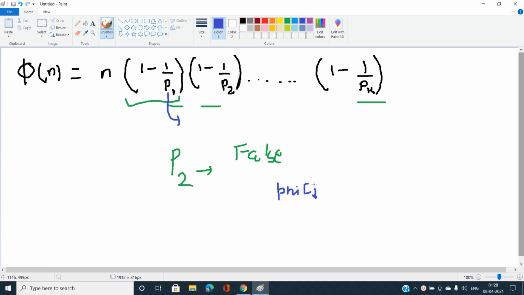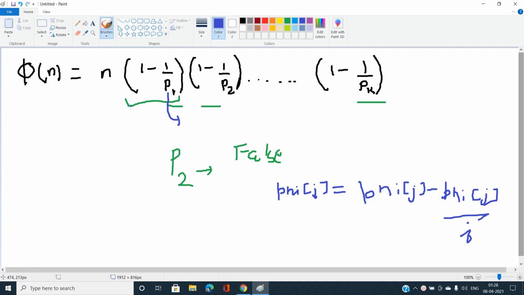So phi of j will be changed to phi of j minus phi of j divided by i, where i is the prime factor of this number.